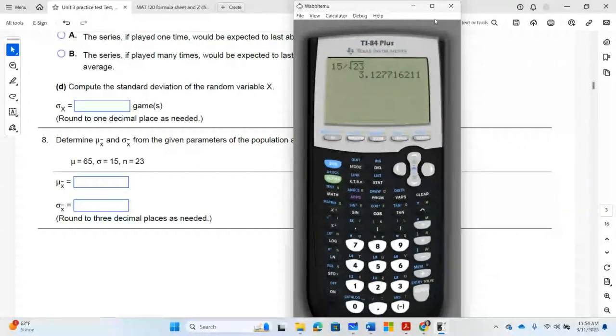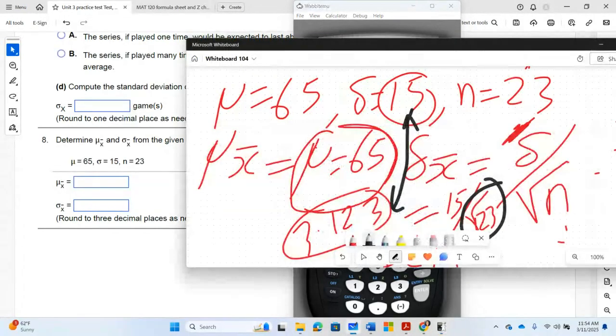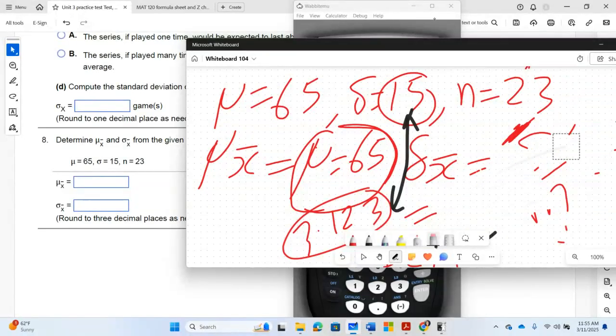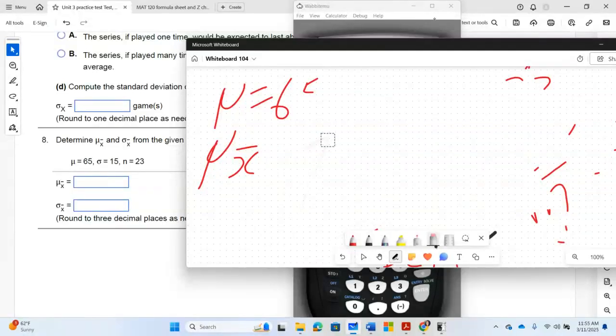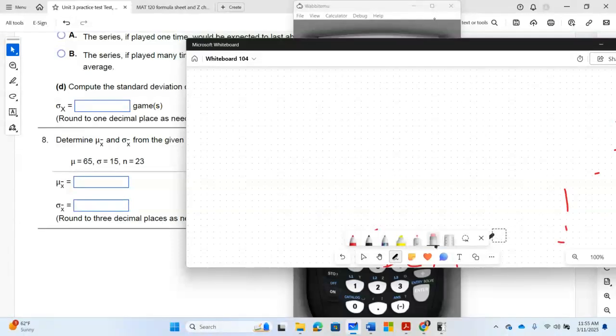All right. I want you to note, let me make sure that I write this down, because I want to differentiate between the standard deviation of an ordinary normal distribution and the standard deviation of a mean distribution, which is written as sigma x bar.